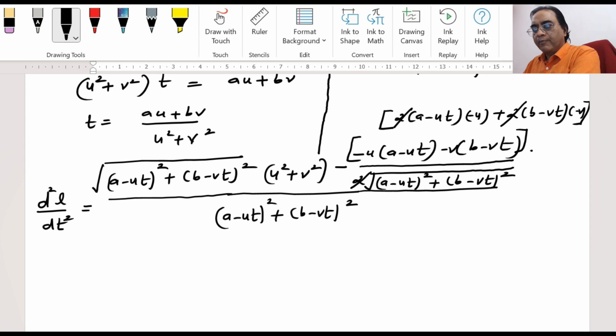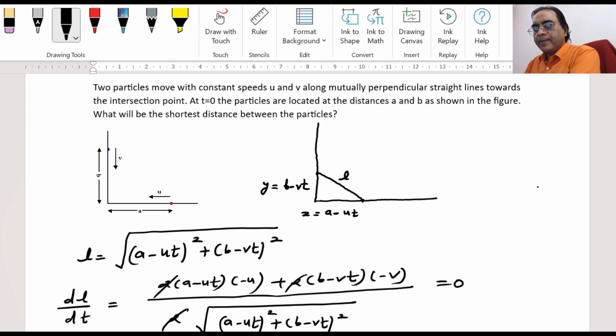To make it look compact, let me put x in place of a minus ut and y in place of b minus vt.